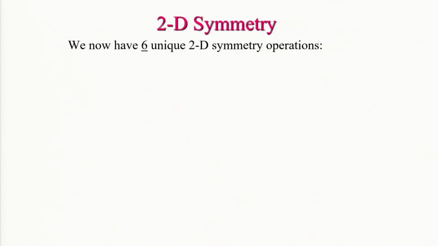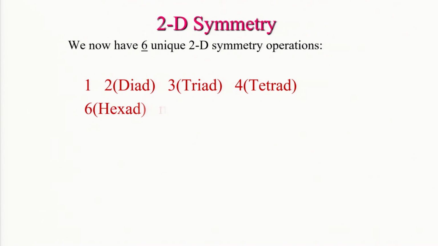Okay. So, what is important here is that we now have 6 unique 2-dimensional symmetry operations that we have studied here: 1 dyad, triad, tetrad, hexad and mirror, where all the motifs lie in the same plane above the plane of drawing.